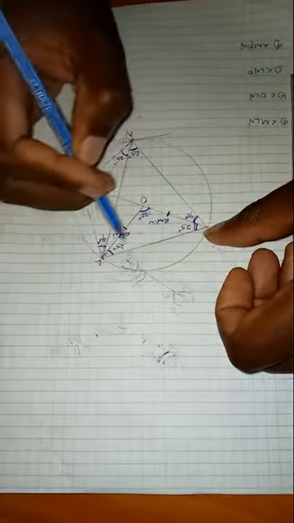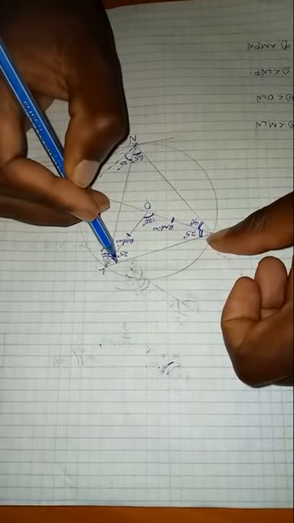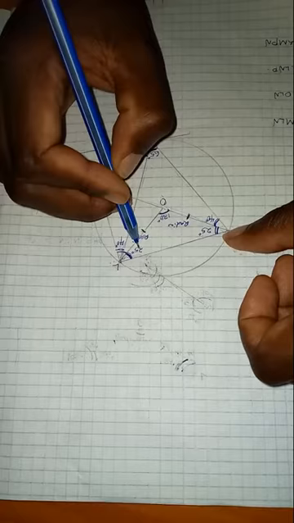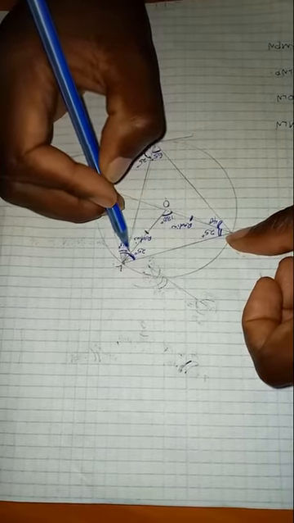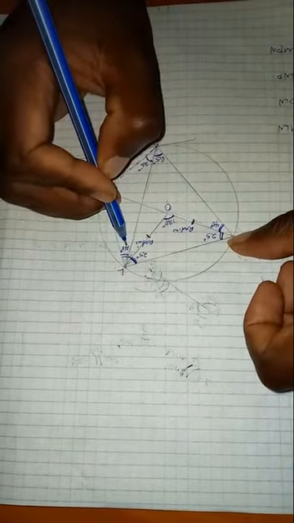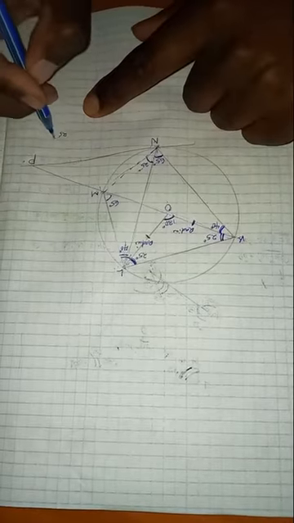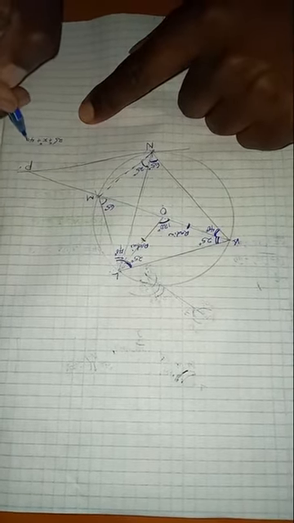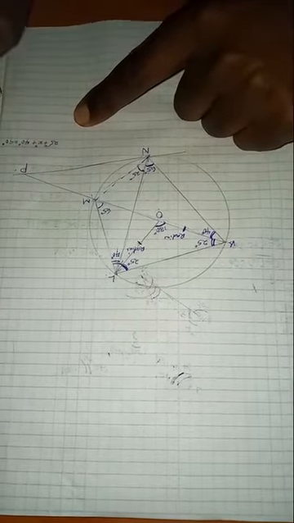So the whole of this angle here should add up to 90. You have 25 plus, you can call this x, plus 40. 25 degrees plus x degrees plus 40 degrees should add up to 90 degrees.